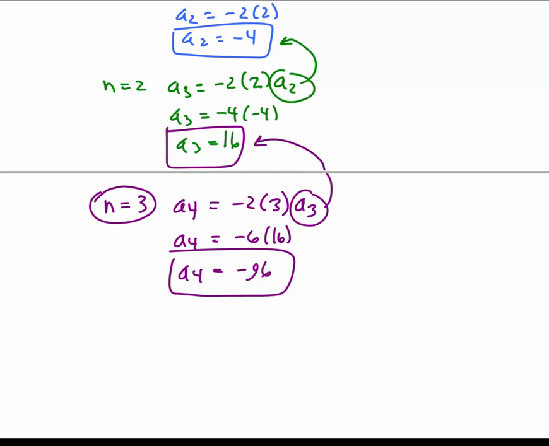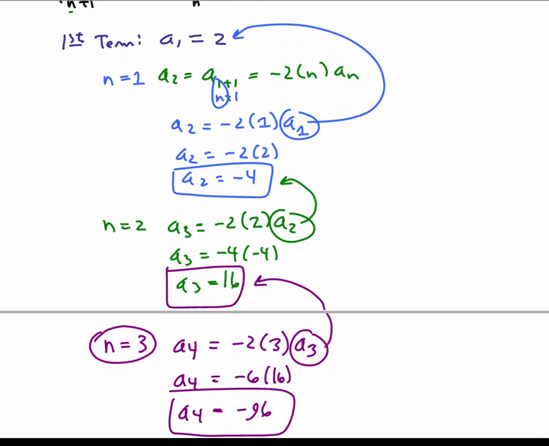Now sometimes you can see a pattern here. Sometimes at the beginning you'll look at this and think, oh okay, here's my first term. It's going from 2 to 4. So it's the sequence of even numbers. But I check a third term and you can see that's not happening. Another thing that you might see here is this is called an alternating sequence, because my terms are going 2, negative 4, 16, negative 96.